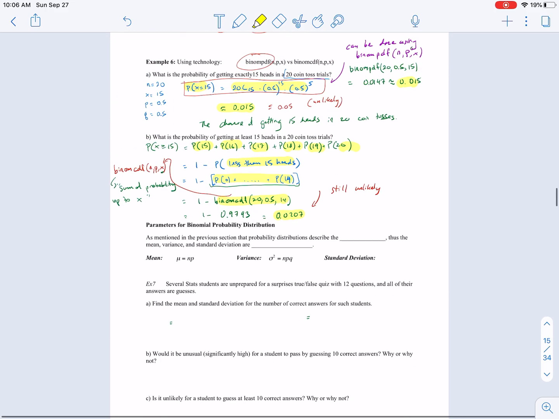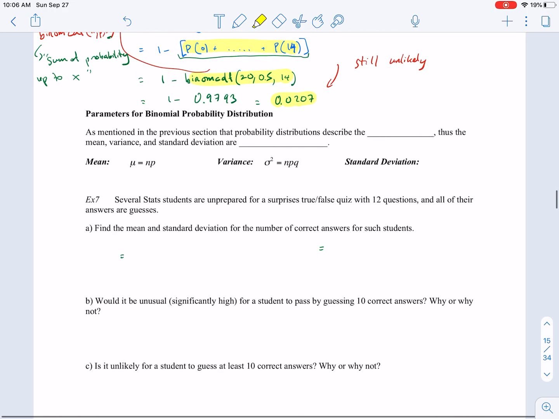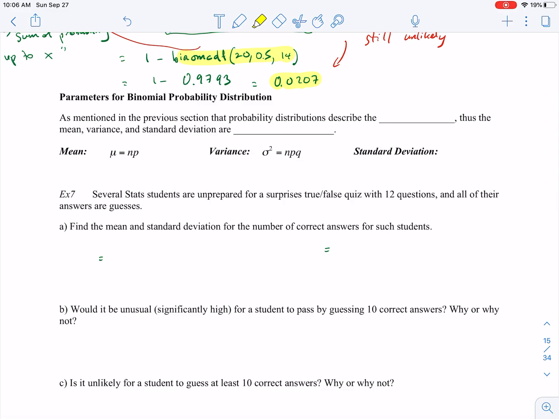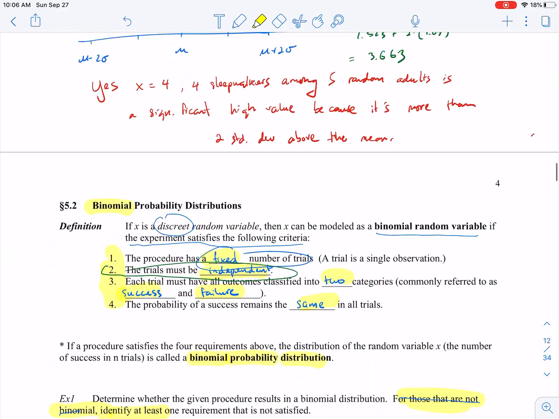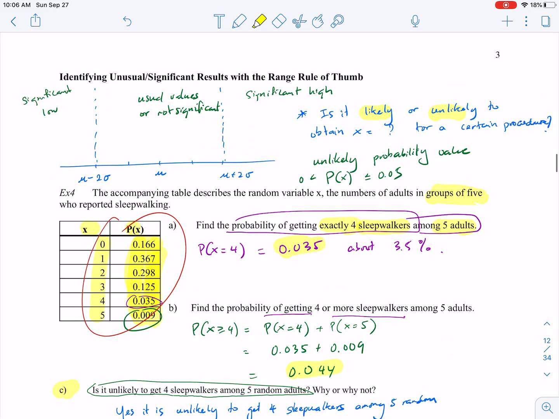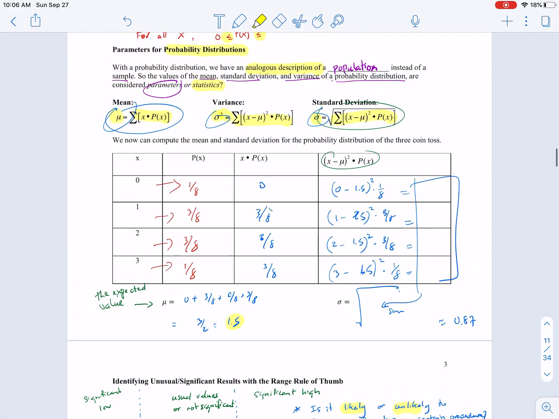Okay, and the last thing we discuss in this section is the parameters for binomial probability distributions. So if we have a probability distribution that is binomial, finding the mean, variance, and standard deviation is really easy. Remember from 5.1 when we introduced probability distributions, the mean, variance, and deviation for that is a little more complicated, but using technology is really easy.